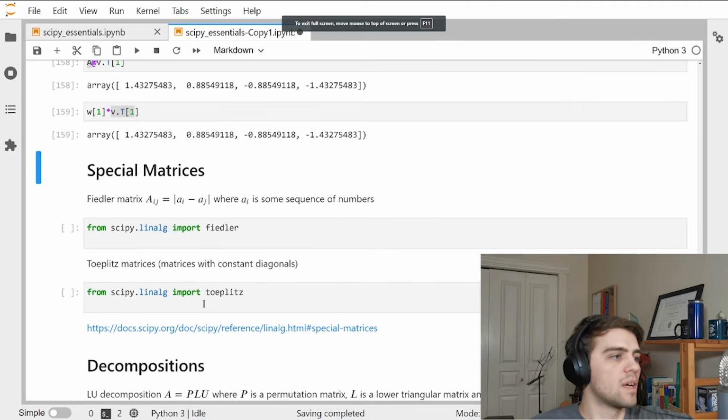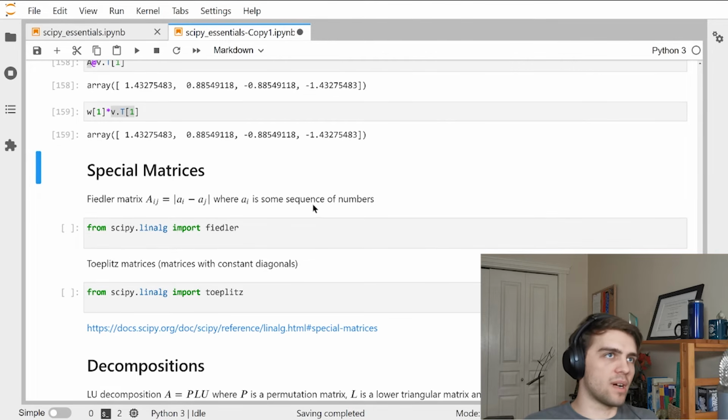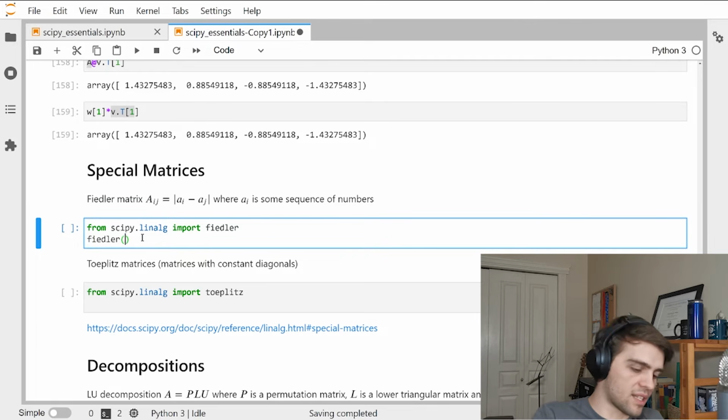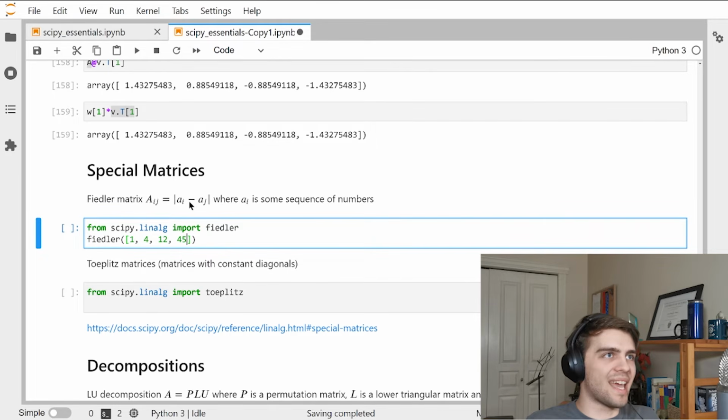There's also ways to construct special matrices. So here's a Fiedler matrix given like this, where the entries are a_i minus a_j, where a_i is some sequence of numbers. You know, these might show up somewhere. I haven't actually seen them show up, but again, this is just exposing the functionality. So 1, 4, 12, 45, this might be the sequence a_i, right? a_i is the sequence of numbers, and it constructs this matrix here.